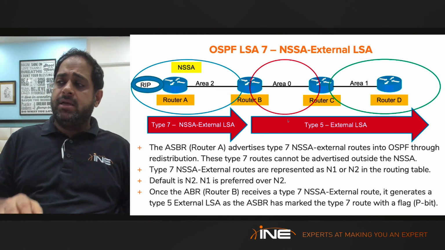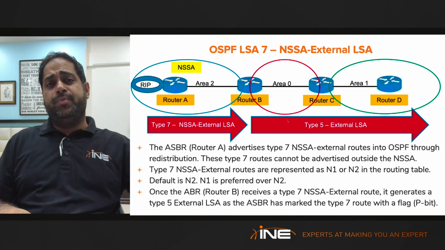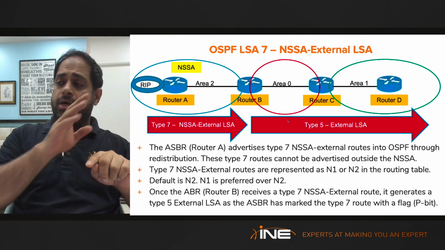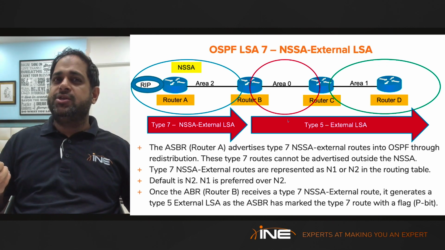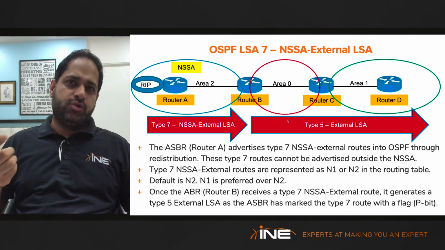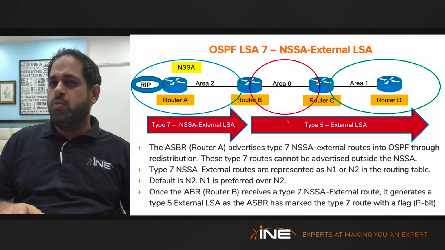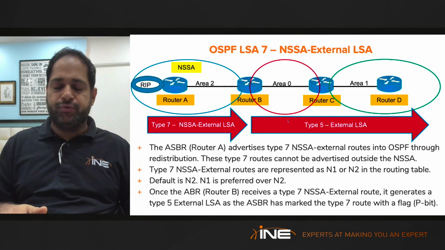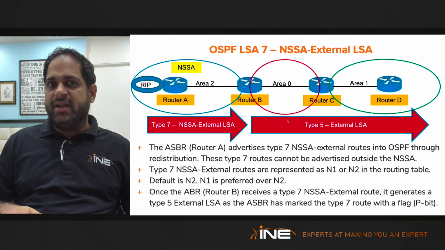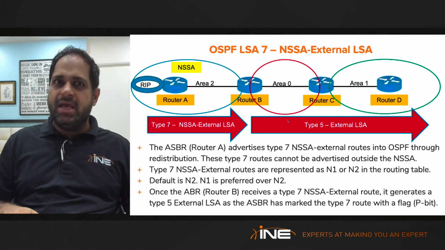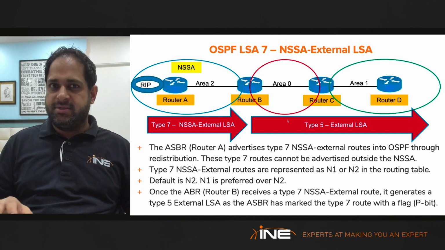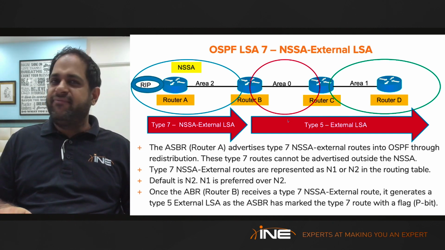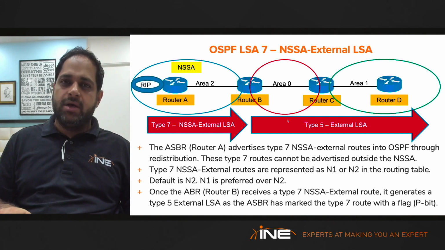So the minute router A redistributes from RIP to OSPF, normally he generates a type 5 LSA, which is OE routes, either OE1 or OE2. Default is OE2. But if I configure area 2 as not so stubby, he would not generate LSA 5, because there's a rule for not so stubby that a type 5 LSA cannot go inside a not so stubby area.